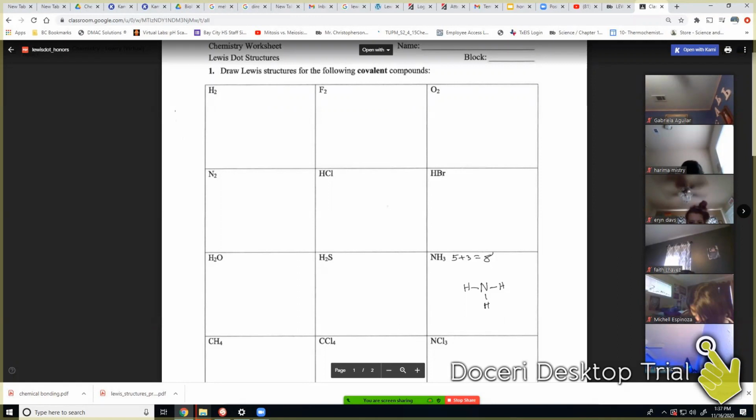That used up 6 of my 8, so I have 2 left. Where do I want those 2 to go? On the nitrogen, right? It's the only thing that isn't stable. Remember, the hydrogens are stable with just 2, but the nitrogen needs 8. Once again, when I draw this circle, it's not part of the structure. But if I look here now, I have 2, 4, 6, and that gives me my final 8.